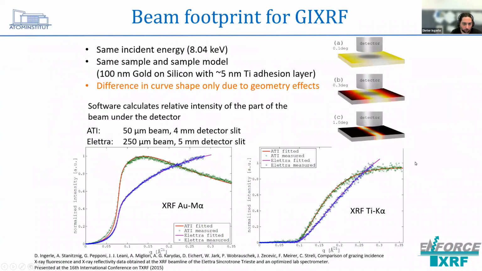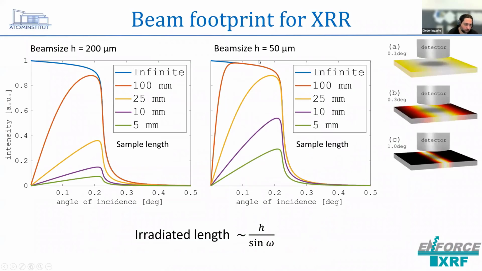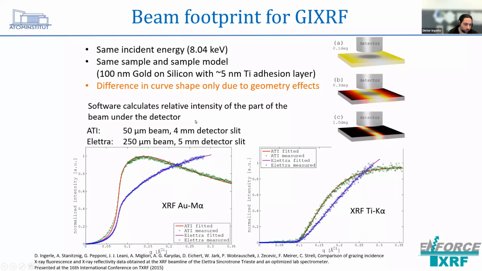And this has also, of course, an influence on the detected fluorescence signal. Here you can assume maybe even a smaller beam would be helpful for smaller samples. But on the other hand, for the fluorescence, a smaller beam requires more corrections to the intensity calculations.